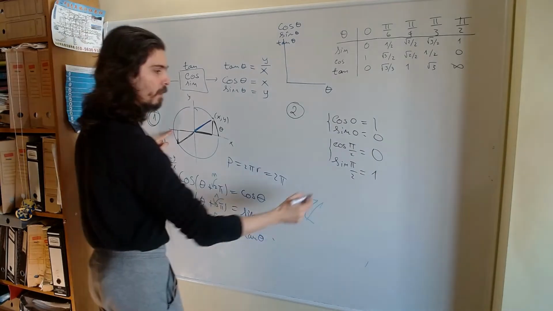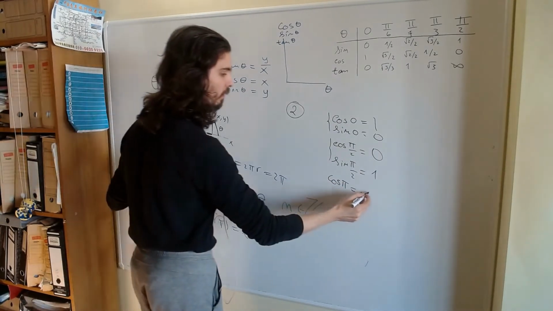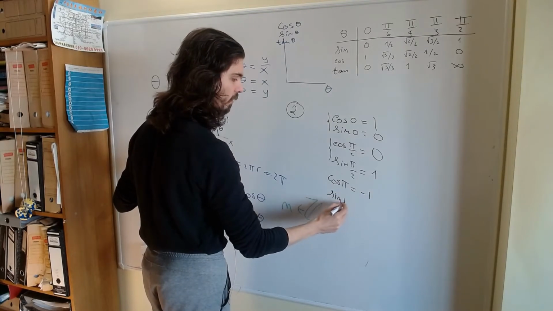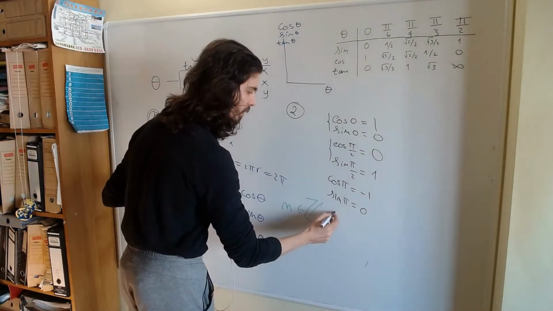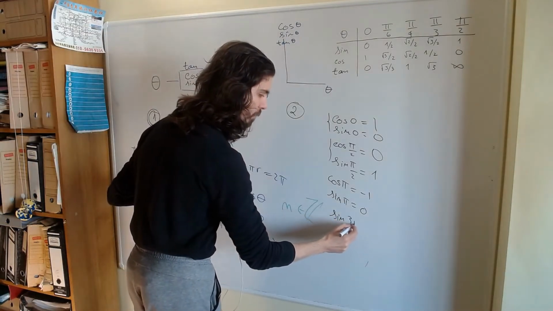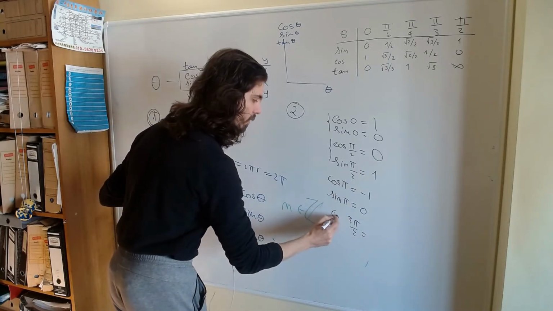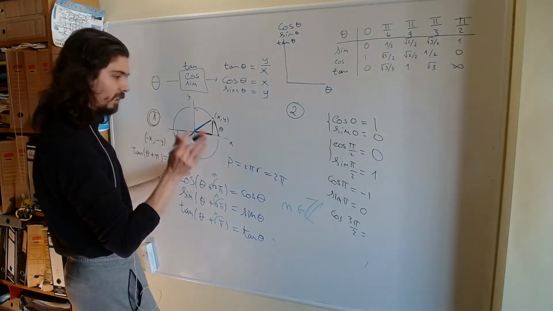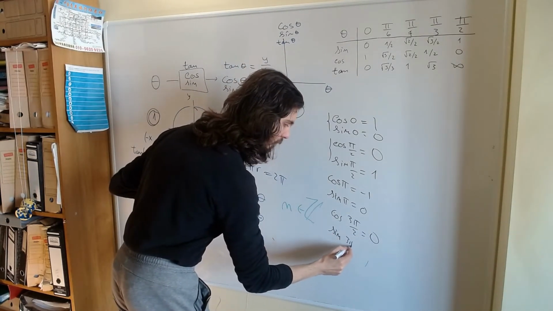Let's move on. What's the cosine of pi? The x-coordinate is minus 1. What's the y-coordinate? It's 0. Okay? Finally, cosine of 3 pi divided by 2. First the x is 0 again. What's the sine of 3 pi over 2?